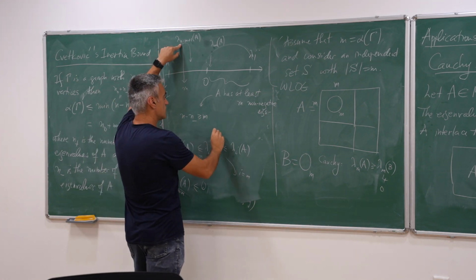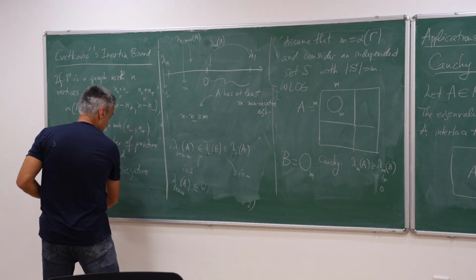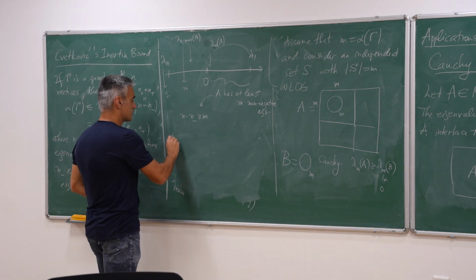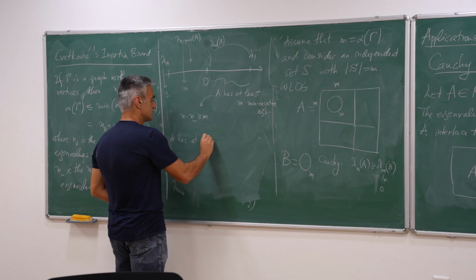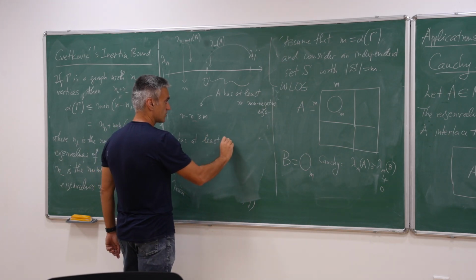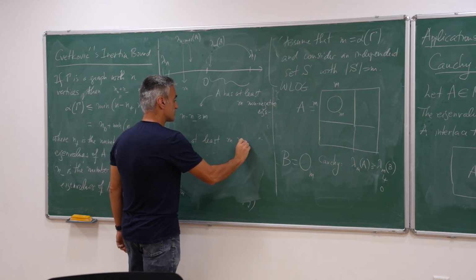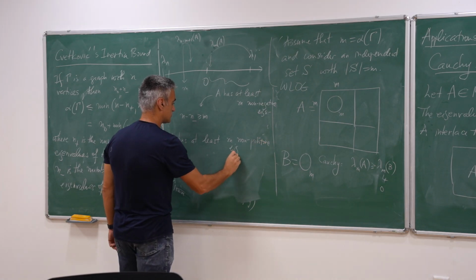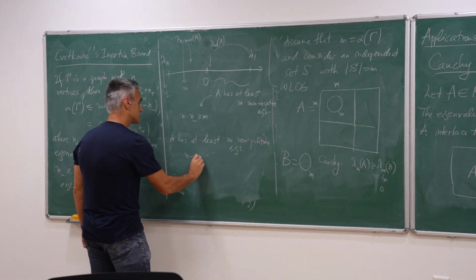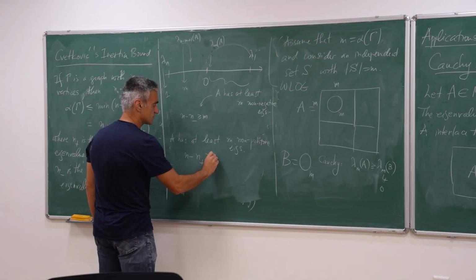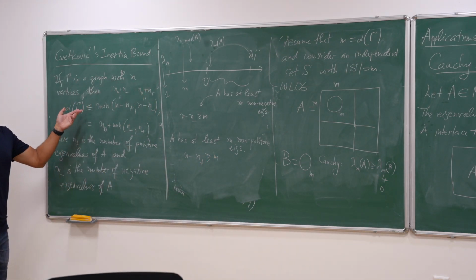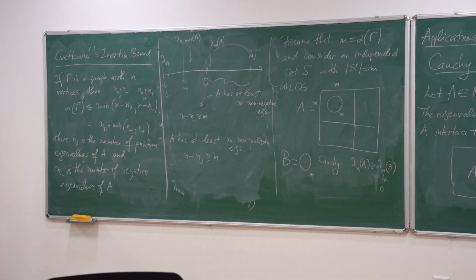A has at least m non-positive eigenvalues, and you get n^+ is greater or equal to m. And that's exactly this.